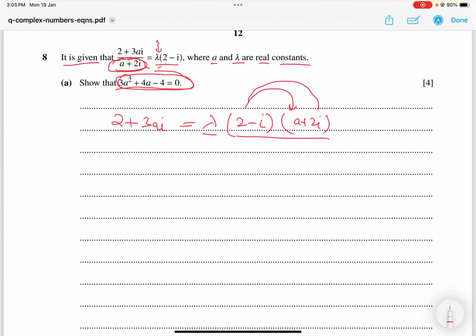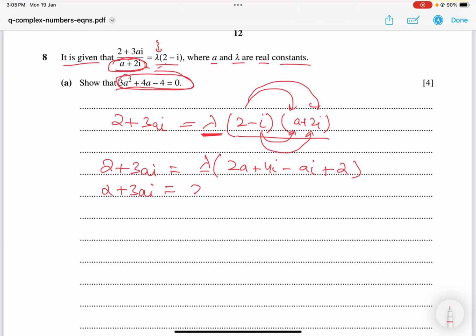2 by a, 2 by 2i, minus i by a, minus i by 2i, and all of them by lambda. So after multiplying, it will become lambda times 2a plus 4i minus ai plus 2. Multiply lambda by all of the terms.